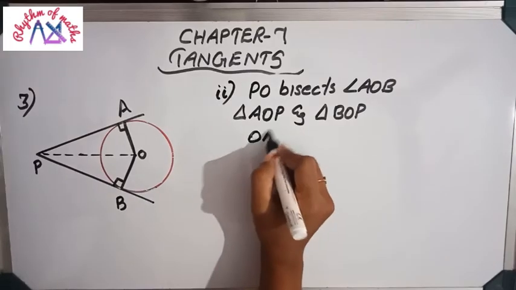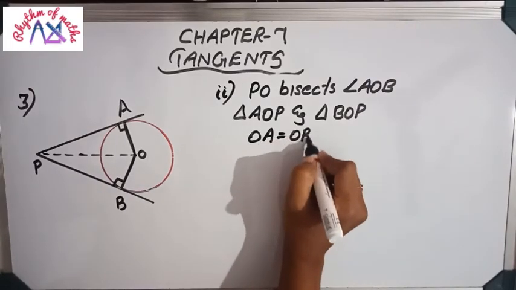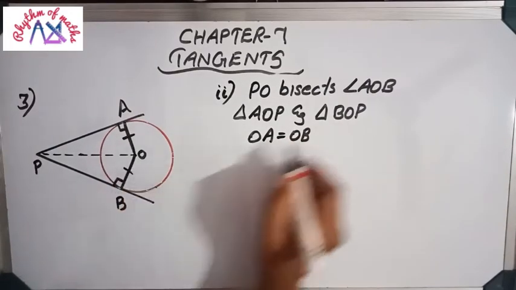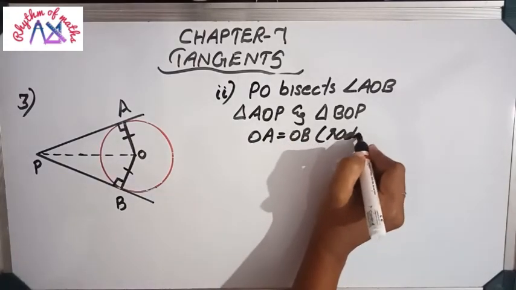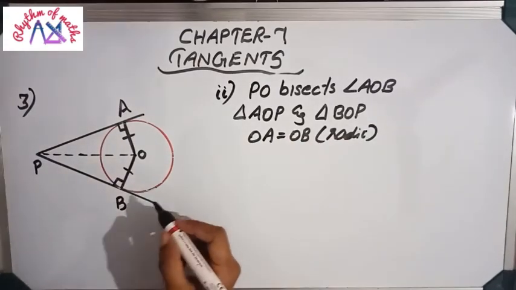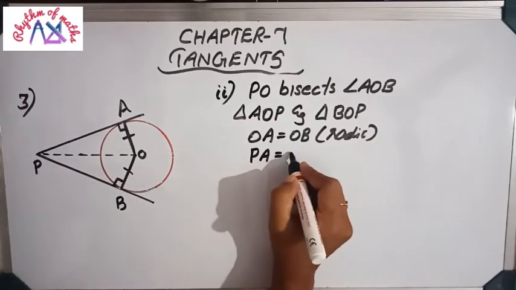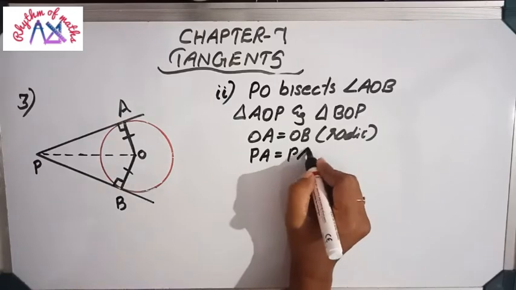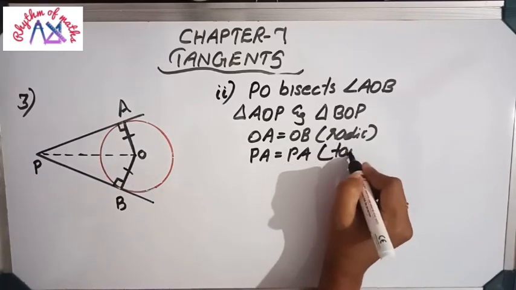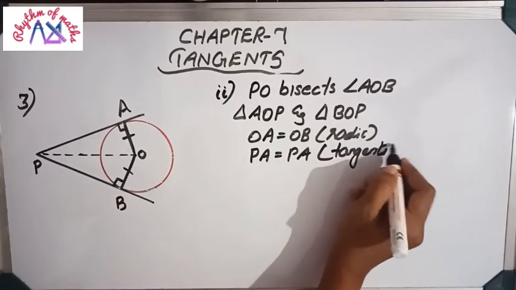Here we can say OA equals OB, these two are equal because they are radii. Next we can say that PA equals PB, that we already proved in the first sub question. Tangent lengths are equal.